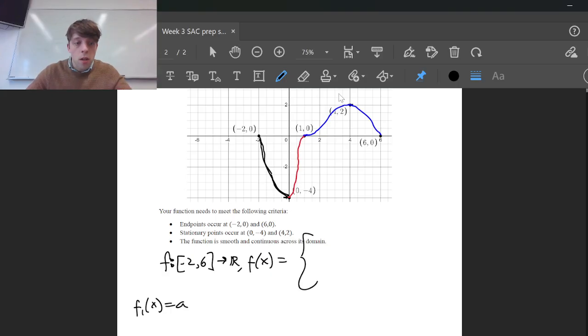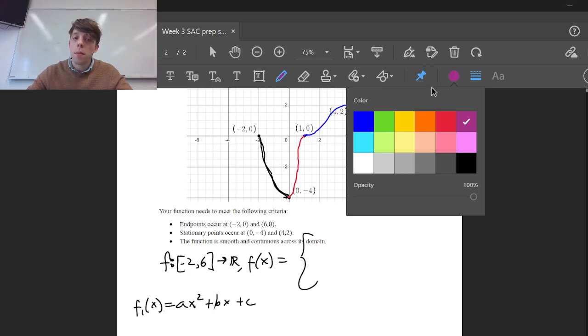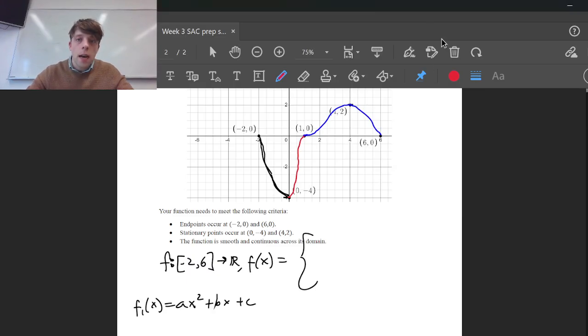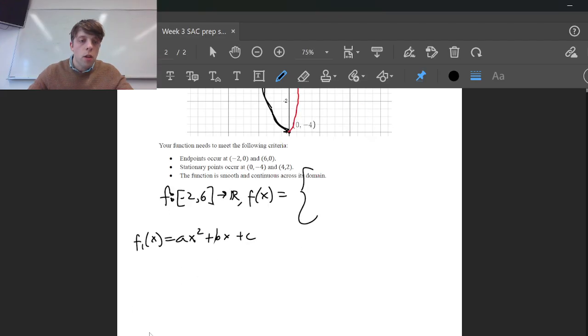So this is kind of the procedure that you can think about. So we've got this function here. It's going to look something like that. So a quadratic equation has the form ax squared plus bx plus c. All right, before we even go about solving that, let's list out what we know about it. So like I said just then, f1 of x meets the following criteria.